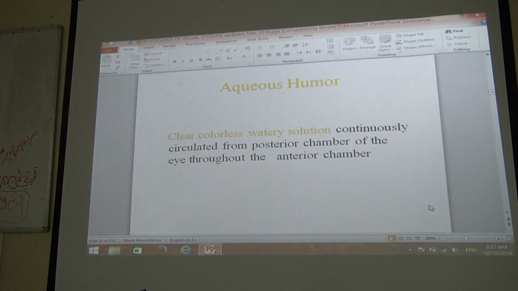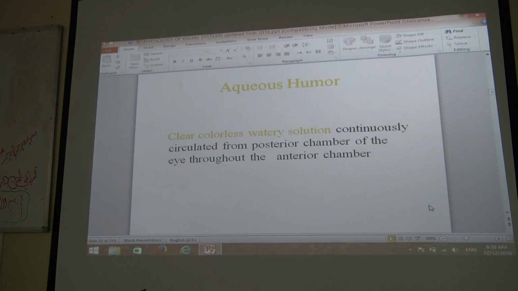The function of aqueous humor is to maintain intraocular pressure. The normal ocular pressure is less than 21 millimeters mercury, from 10 to 20 millimeters mercury. This is the normal intraocular pressure.